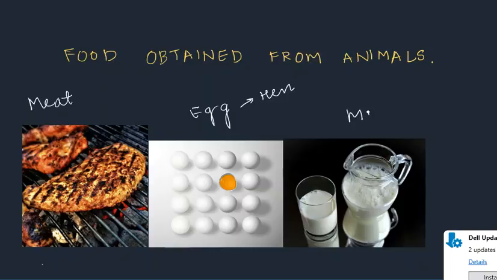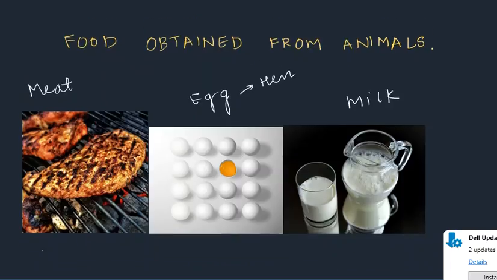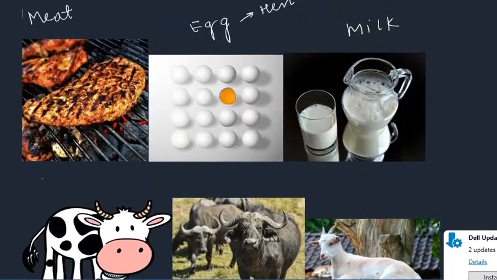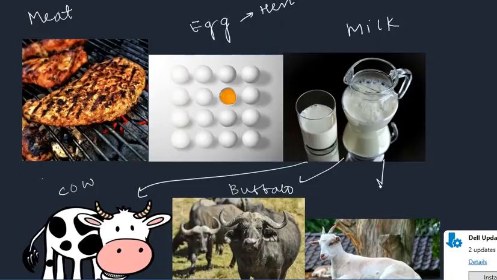Then milk. Milk can be obtained from three animals: first, definitely the cow, then also from the buffalo, plus also from the goat.